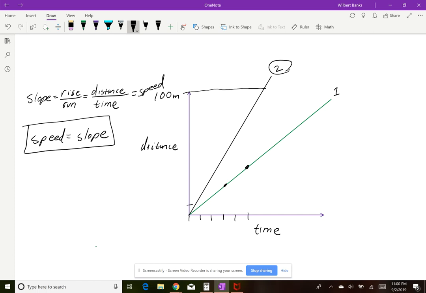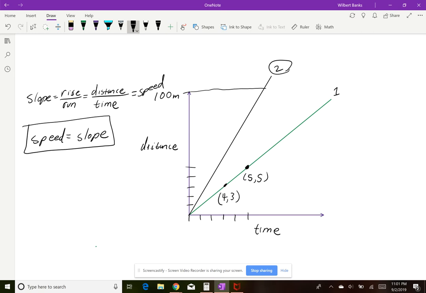I'm going to go 1, 2, 3, 4, 5. So I have 2 points now. So this right here is 5, this is 1, 2, 3, 4, 5. So this is 5, 5. This point right here is 4, 1, 2, 3, 3.